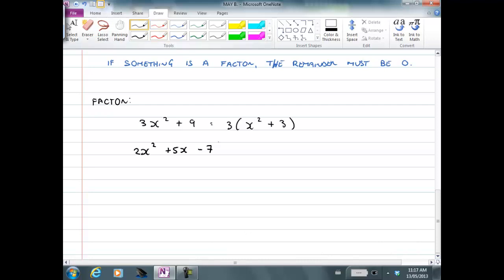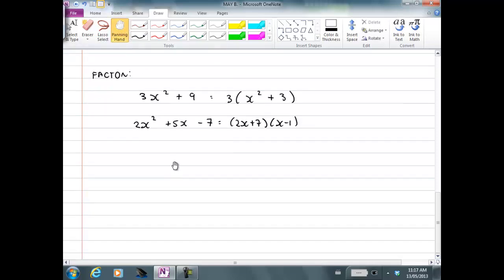Almost done? Okay. 2x plus 7, x minus 1. That works. Okay. See, this is easy. Bit more challenging this time.